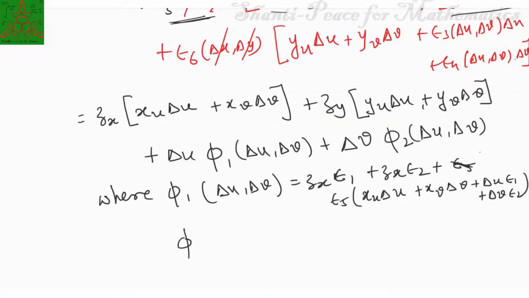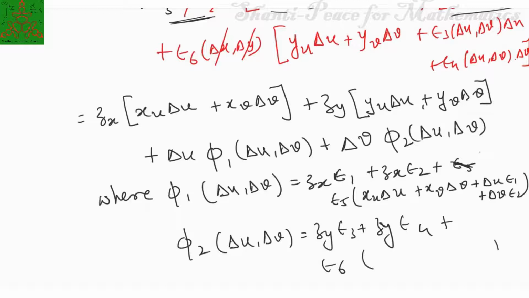And phi 2 in the similar manner we can write as zy epsilon 3 plus zy epsilon 4 plus epsilon 6 and the whole bunch of this.